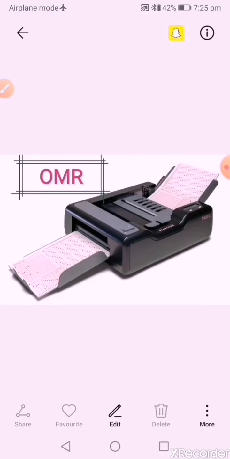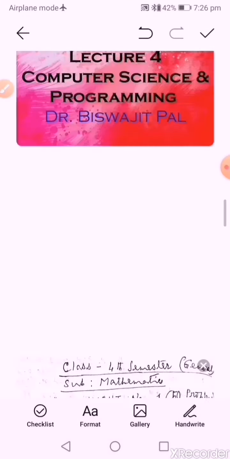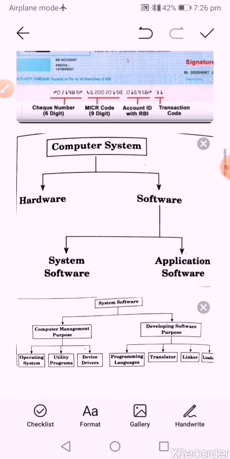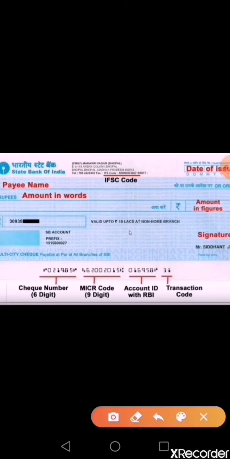You see, this is a picture of OMR. As I have already told, this is optical mark recognition. Next answer is MICR. MICR, its full form is magnetic ink character recognition. See, this is a bank check. This is basically MICR code.